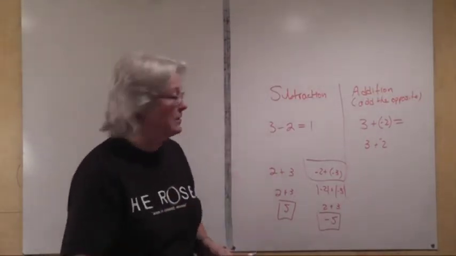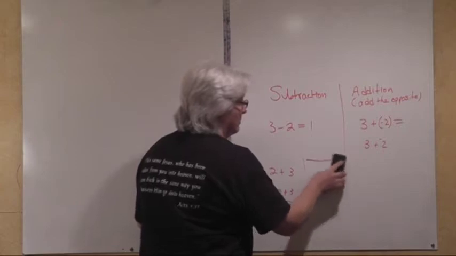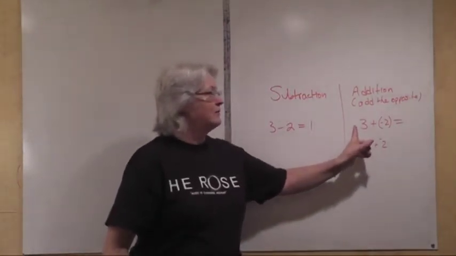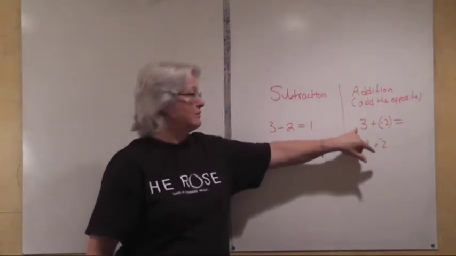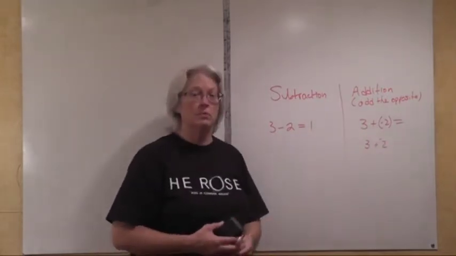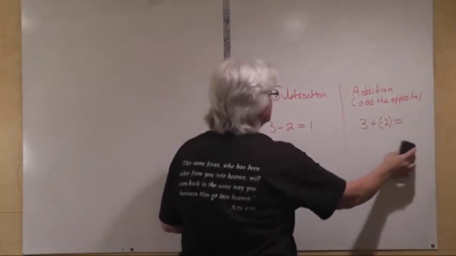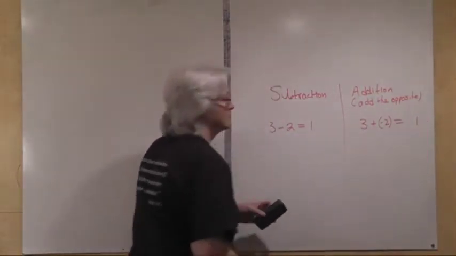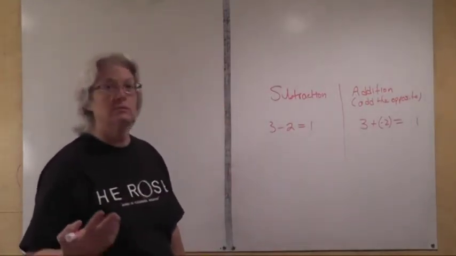So that was what we did when we were adding signed numbers that were either both positive or both negative. Then what happened when we added differently signed numbers, which is what we have here? We have a +3 and a -2. Well, what we did was we subtracted the absolute values of those numbers. 3 minus 2 is equal to 1.